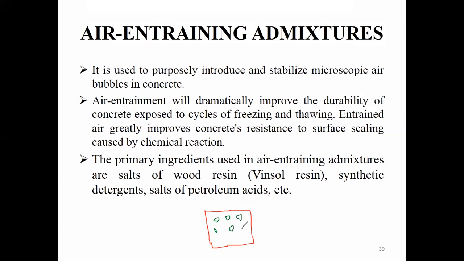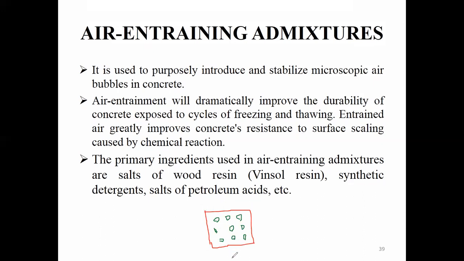This diagram may not be clear, but you should understand that the pores will be uniformly dispersed and the size of the pores will also be uniform. There is no difference in the size of the pores, and there is uniform dispersion. There will be only uniform dispersion of the air voids in the concrete using these air entraining admixtures.